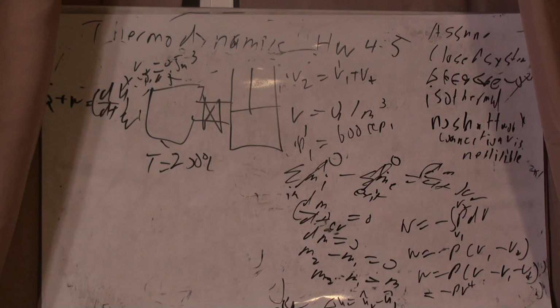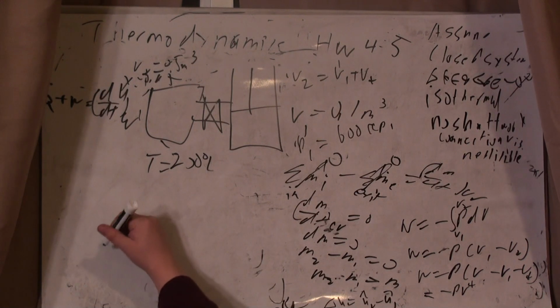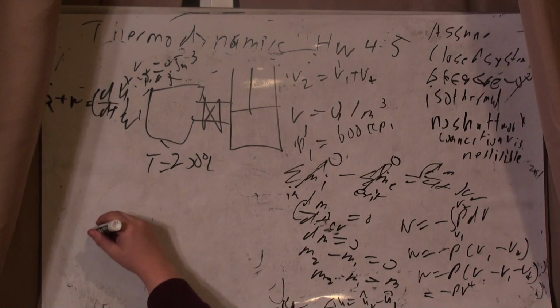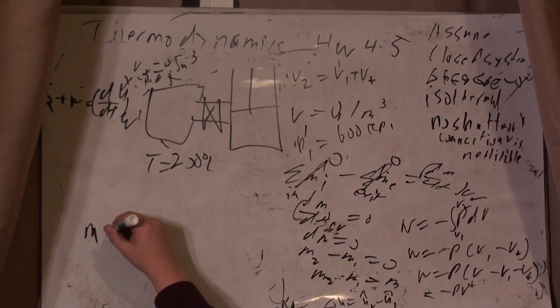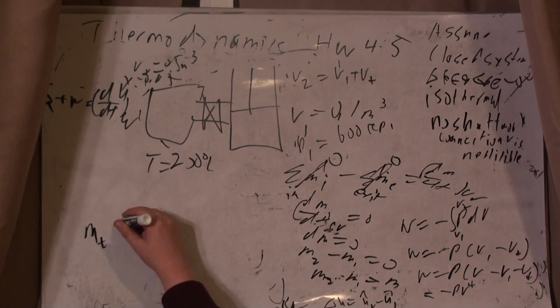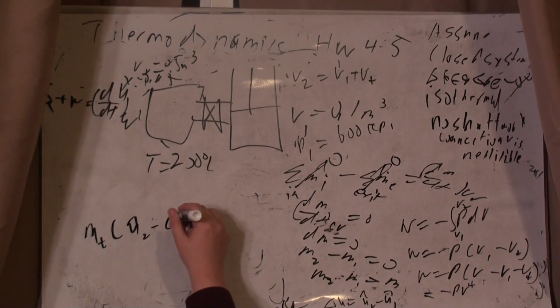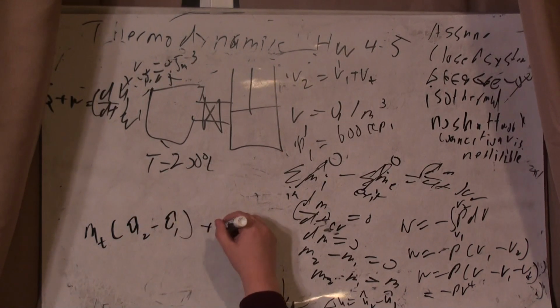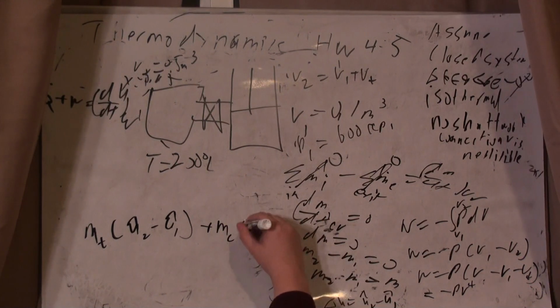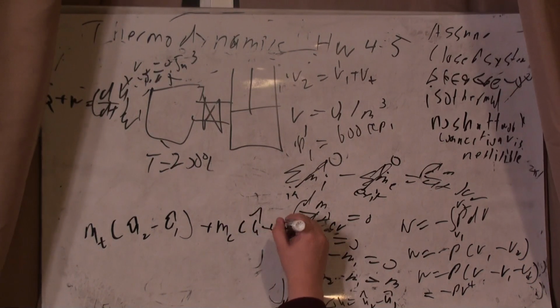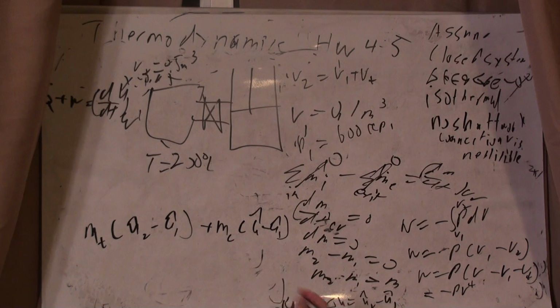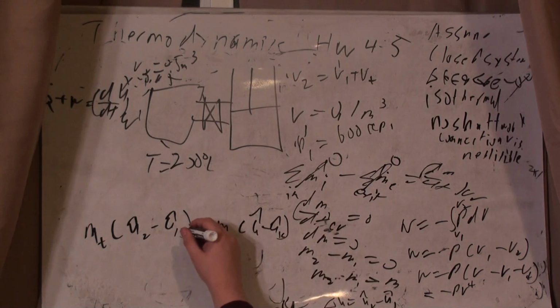What I would need to do is, I basically have M of the tank times U2 minus U1, plus M of the cylinder times U2 minus U1. Now the U1s are different, so one would be the cylinder and one would be the tank.